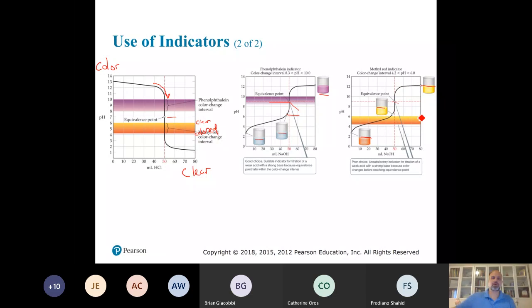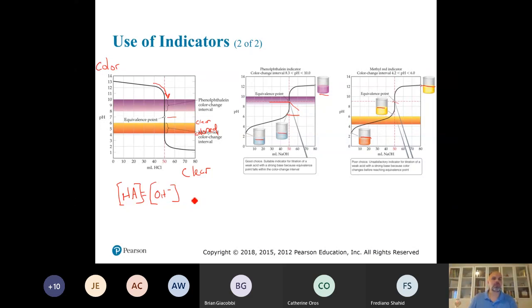So when we're talking about equivalence points, we want our HA equal to our hydroxide. Only in the case of the strong acid, strong base, are the pH and pOH going to be equal to one another, and then they'll be 1.0 times 10 to the minus 7.